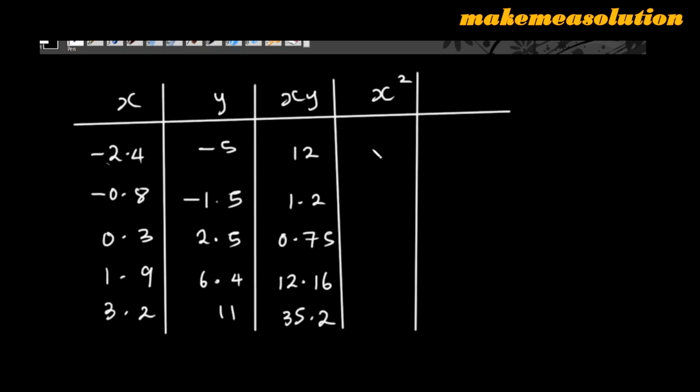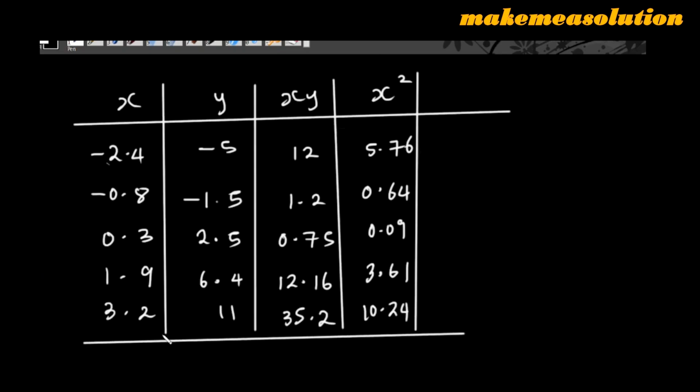Now if you do x squared, you get 5.76 for negative 2.4 squared, 0.64 for negative 0.8 squared, 0.09 for 0.3 squared, 3.61 for 1.9, and 10.24 for 3.2. Is that okay? So we have gotten all of these values. All we need to do now is sum them up.